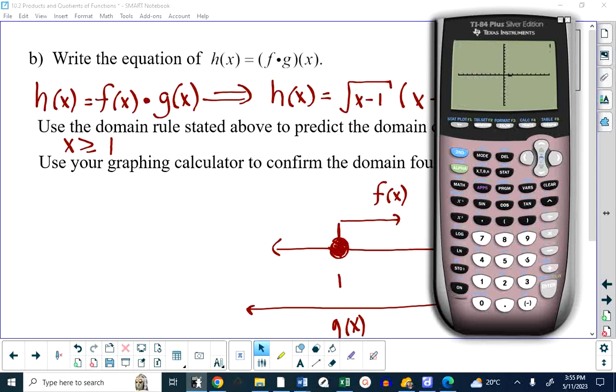I'm going to go zoom 6 just as a starting point. And now what I'm going to do is zoom in a little bit. It seems as though there's some feature there that's important. I'm going to go zoom box and make a little stretchy screen that includes that x-intercept.